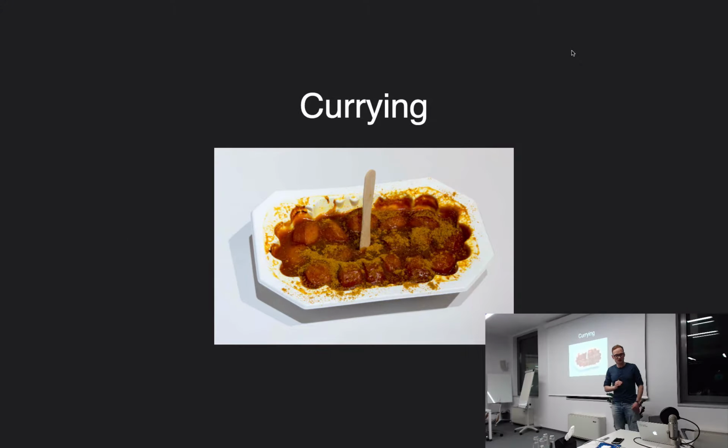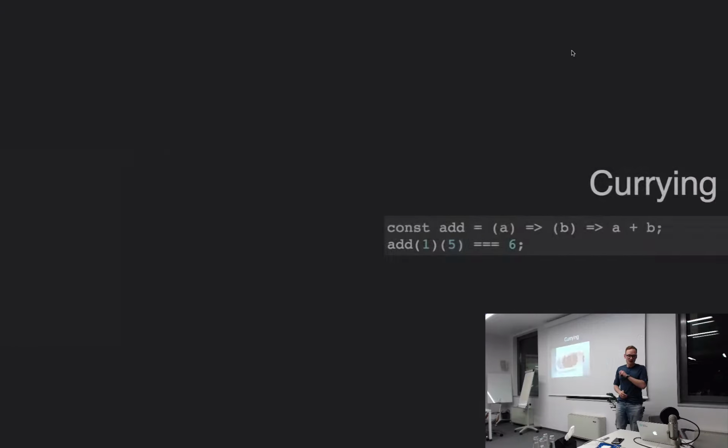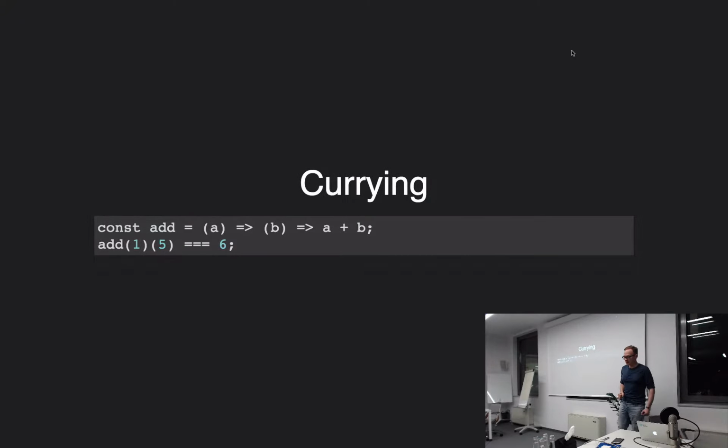And the third point is currying, the main topic of my talk today. Probably it might be associated with something like this. And currying is about the operation when we make a single call of a function and split it into several ones like this.